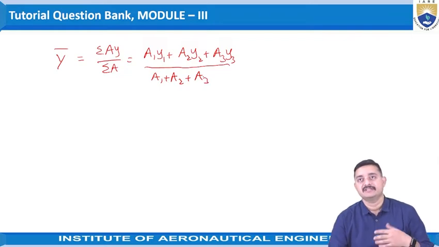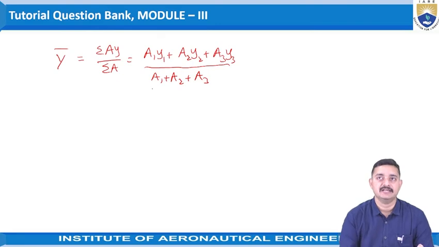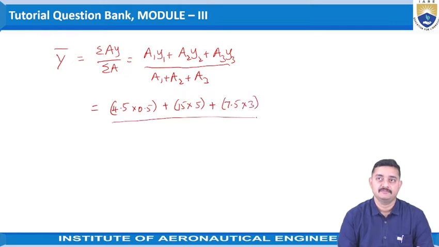Let us substitute: 4.5 into 0.5 plus 15 into 5 plus 7.5 into 3, by 4.5 plus 15 plus 7.5.